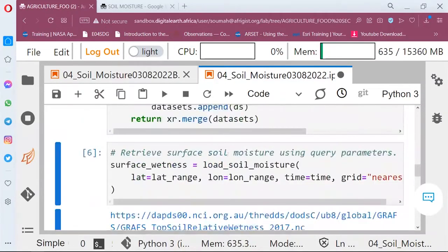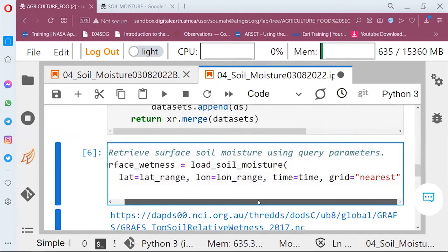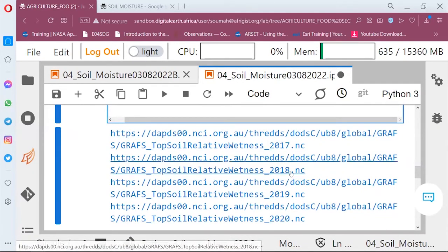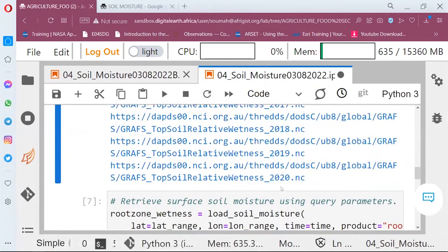We go to the next one, where we retrieve the soil moisture using the query parameters. Surface wetness is equal to load soil moisture. We load the soil moisture we have defined previously based on the latitude, longitude, time, and the grid using nearest. So this one is executed, and it will enable us to retrieve this variable. We have here 2017, 2018, 2019, and 2020.